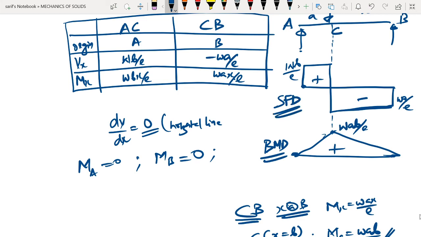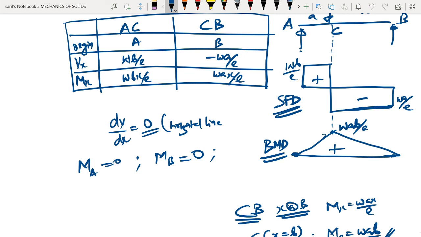We can notice all the things that we noticed in the previous case, that is, at the point of maximum bending moment the shear force has a sudden change from positive to negative, that is, it is going to be zero where the bending moment is maximum. So all those things can also be understood. So this is basically how we draw bending moment and shear force diagrams for simply supported beams for simple loadings.